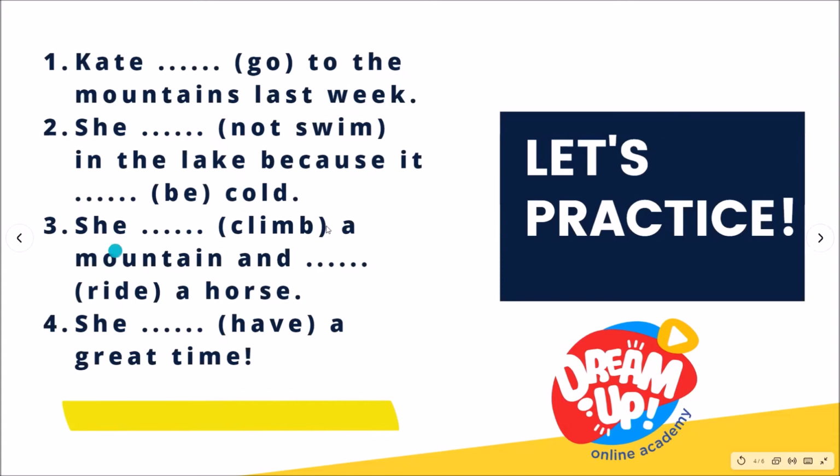She climb, you have to write the verb in the past form, a mountain, and blah blah blah, ride a horse. Or she, blah blah blah, had a great time. I give you some time to think about the answers. You can stop the video if you need more time.